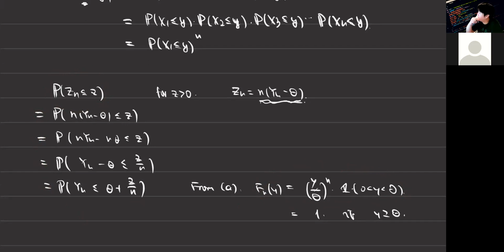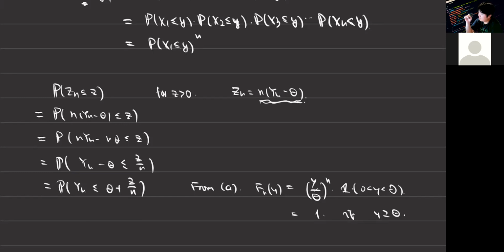No, it comes in terms of z, and technically speaking theta. So basically now we do everything in terms of z, and then we get the distribution of z.